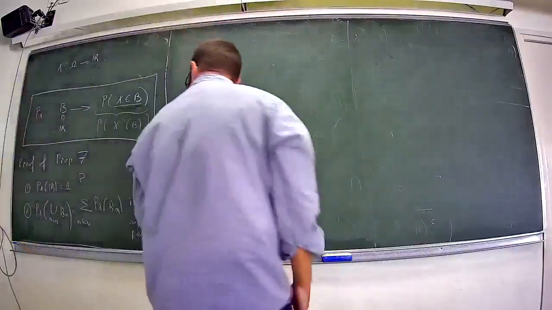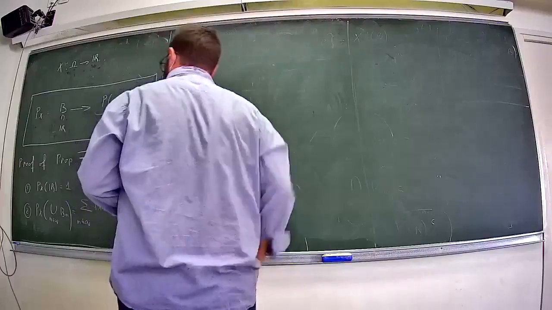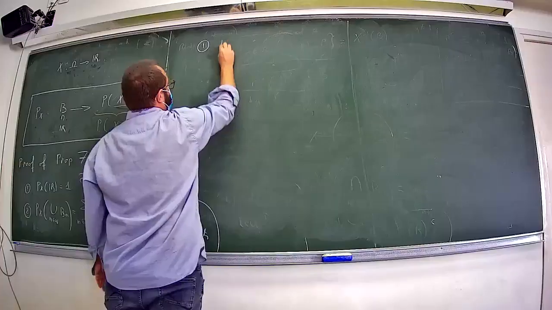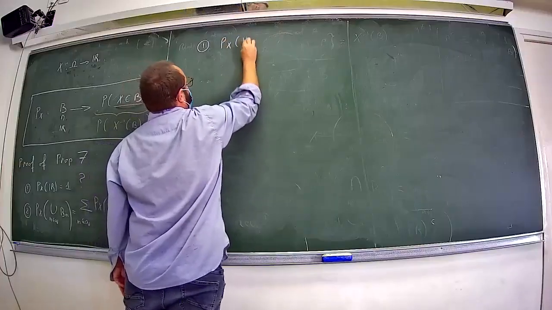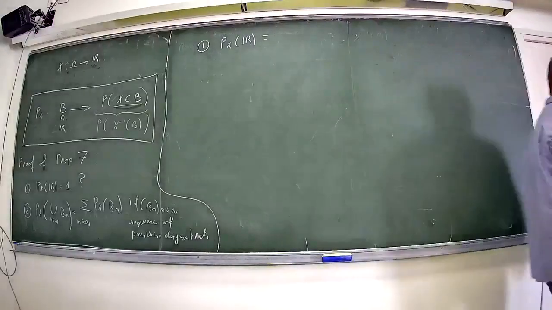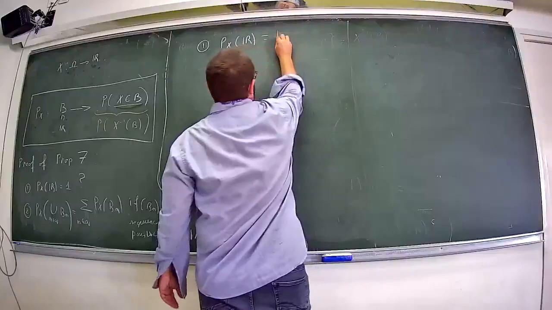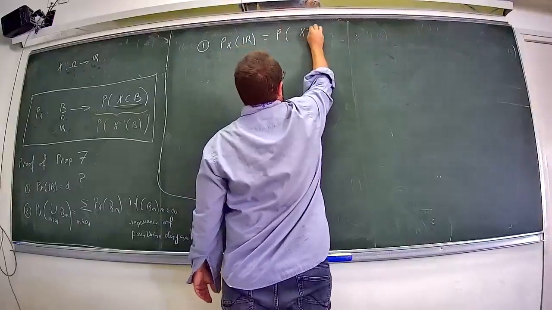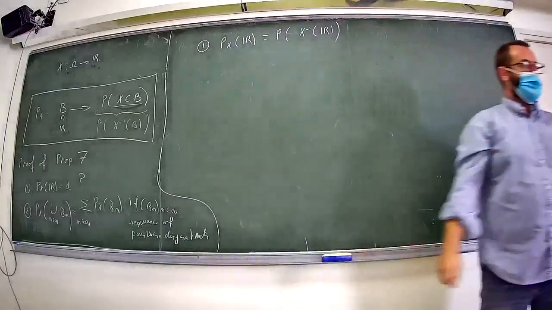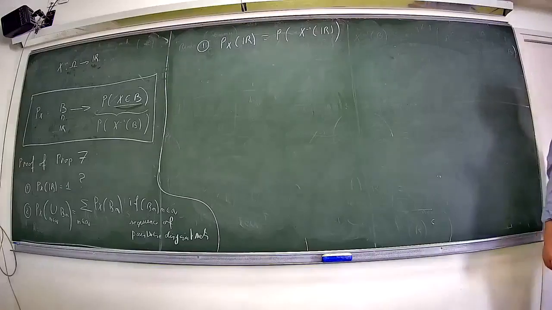For the first point, Px of R, so what is Px of R? Okay, by definition, it's the probability of x minus 1 of R. We have seen together previously that x minus 1 of R is equal to what?